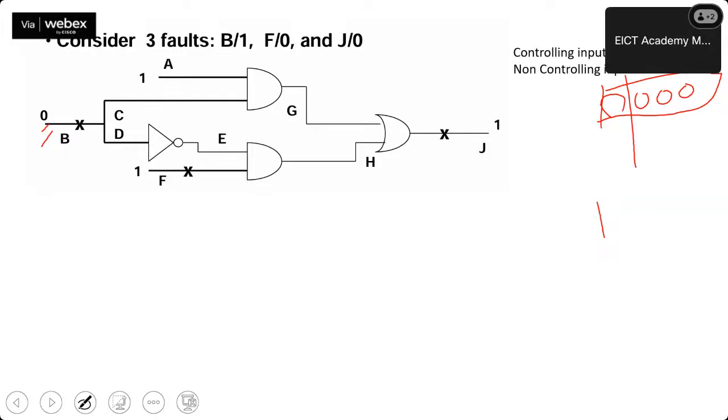So, with B at zero, I am going to define this for the first B. The first B is going to one, right?